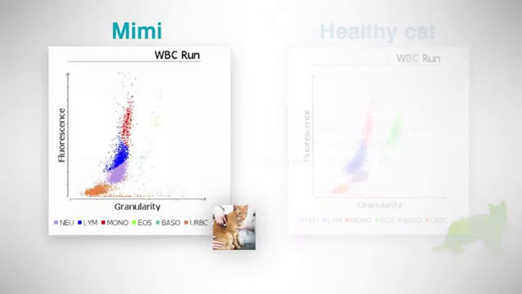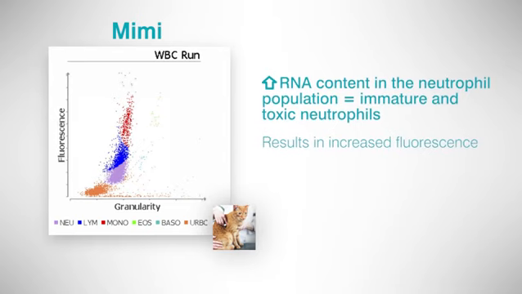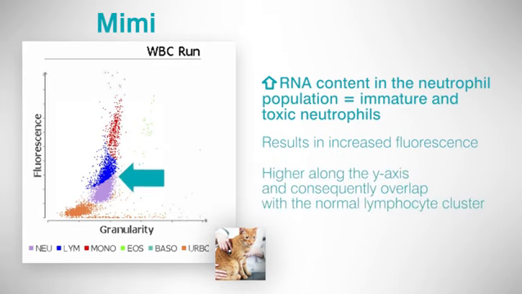This change in the dot plot pattern reflects increased RNA content in the neutrophil population, a difference that, compared to normal mature neutrophils, is present in immature neutrophils, including bands and earlier forms, as well as toxic neutrophils. The increased RNA in these younger or toxic neutrophils results in increased fluorescence. As such, these cells are then located higher along the y-axis and consequently overlap with the normal lymphocyte cluster.